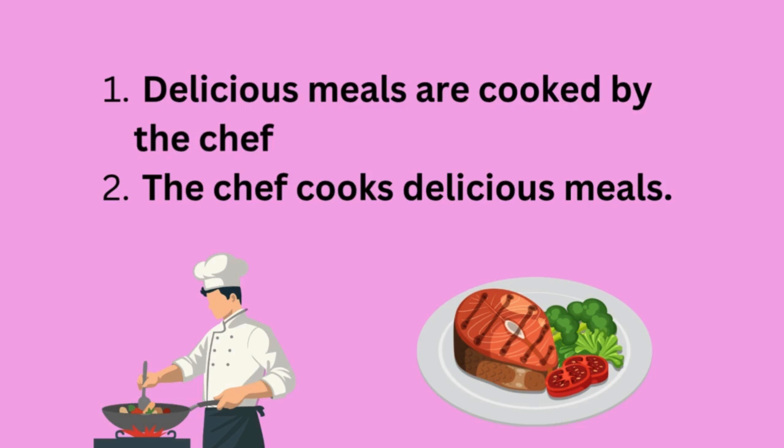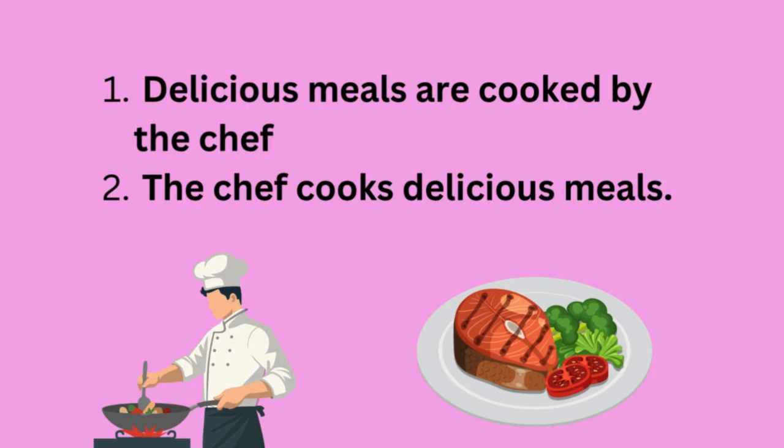Here, I will give you an explanation. The first sentence is focusing on delicious meals. And also, you recognize that in this sentence, there are to be and verb 3, which is the formula of passive voice.